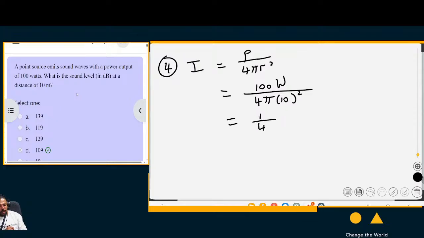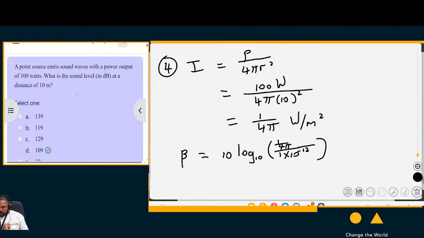That is the intensity in watts per meter squared. Now they want the sound level, and we know that the sound level B is equal to 10 times the log with base 10 of the intensity, which in this case is 1 over 4 pi, over 1 times 10 to the negative 12.